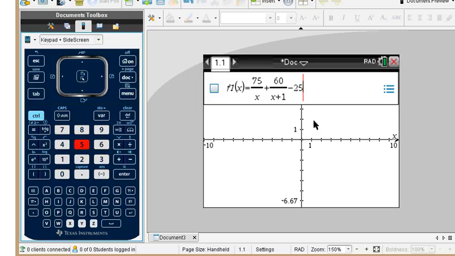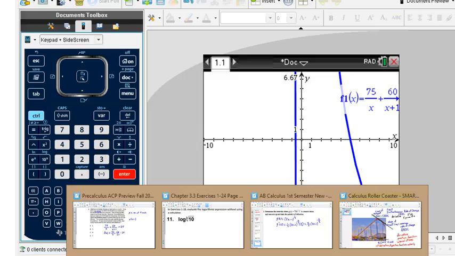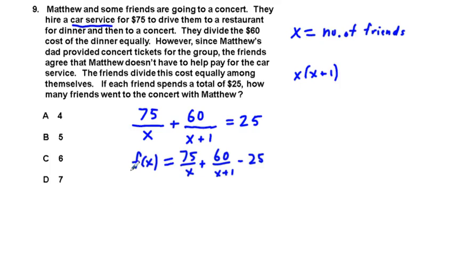If we do this right, we should see a bunch of numbers, because the answer choices were like 4, 5, 6, and 7, something like that. So we press enter, and we get a negative solution here, but we get a positive solution. So 1, 2, 3, 4, 5. It looks like 5 friends. So we go over here, and we can pick 5 friends.